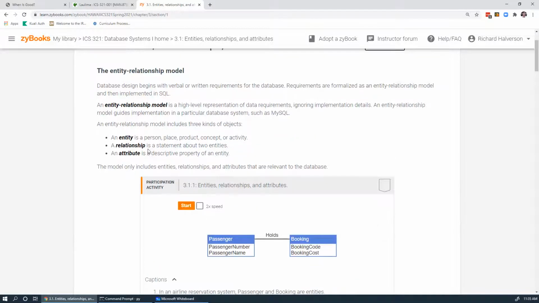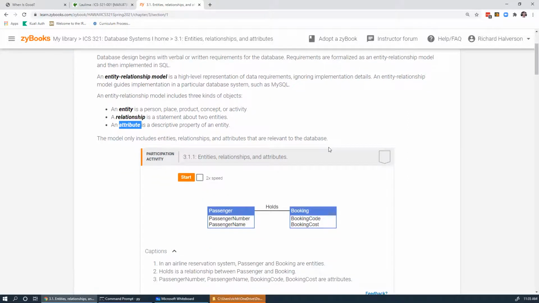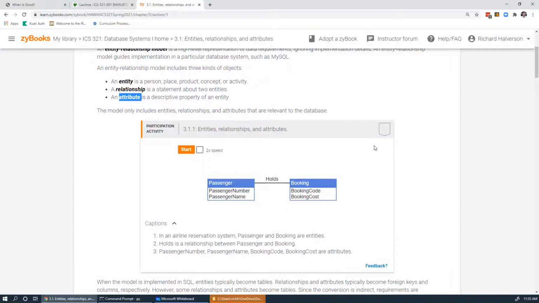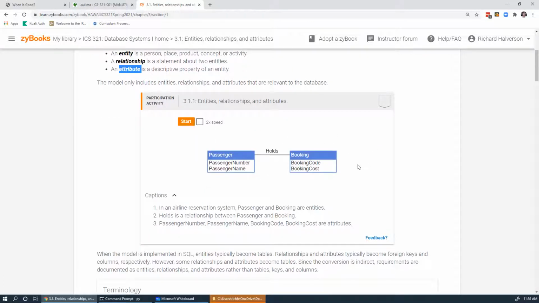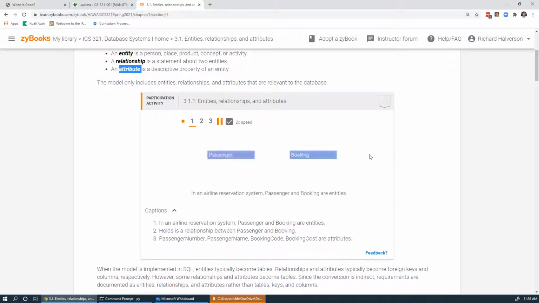All right, so there's a thing called an entity, and that represents a person, place, product, concept, or something. There's a relationship between entities, and then there are attributes that entities have. So here is an example: there's a passenger entity and there's a booking entity. And holds is a relationship between passenger and booking.